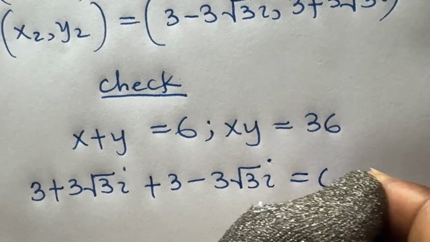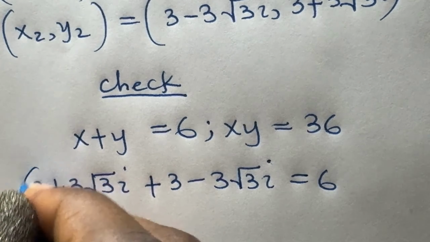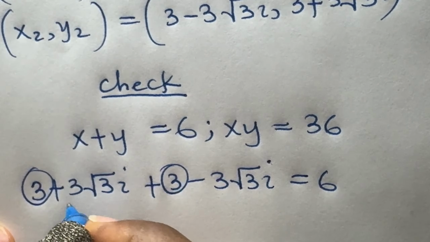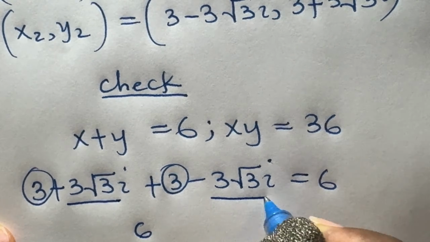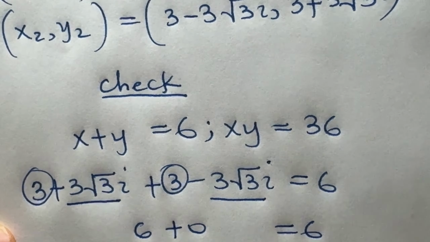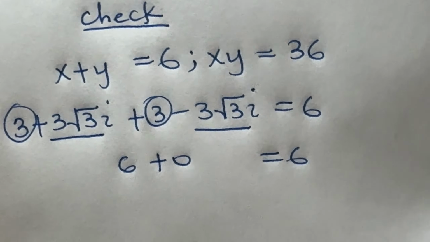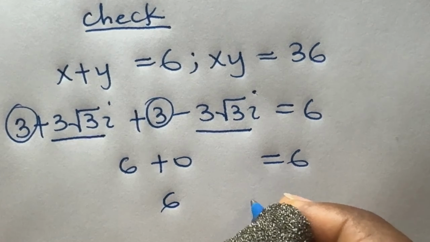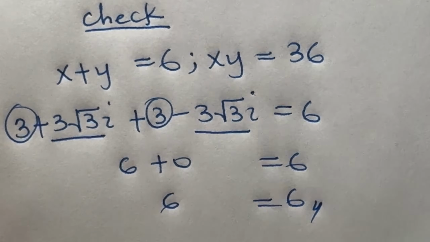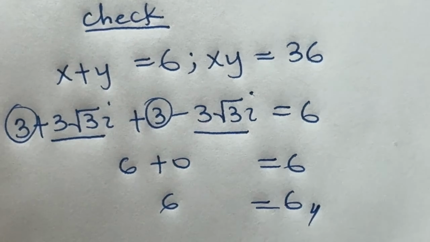This should give us 6. 3 here plus 3 here is 6. And then plus 3 root 3i minus 3 root 3i is 0. Therefore, 6 on the left is equals to 6 on the right. That part is correct. And then we check with the second equation as well.